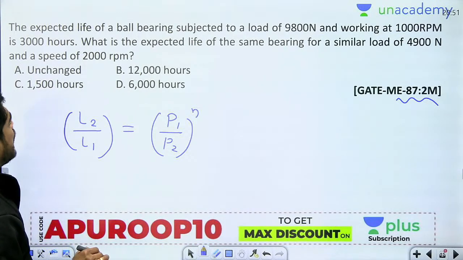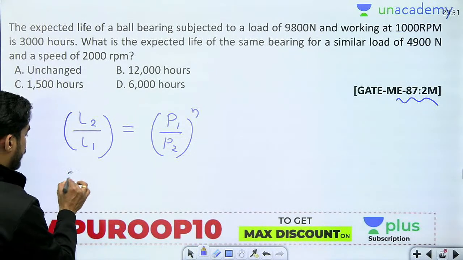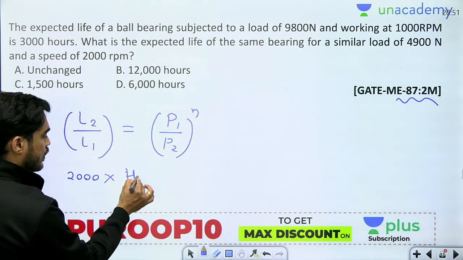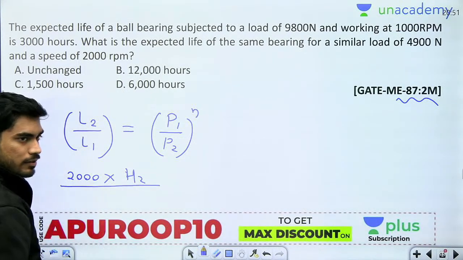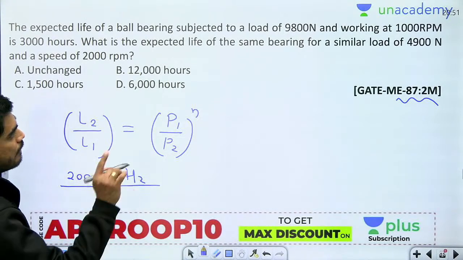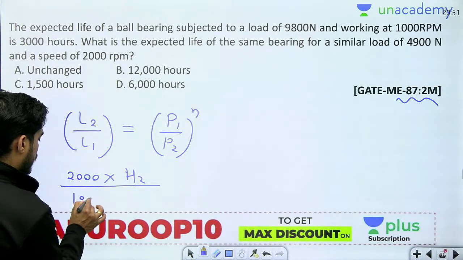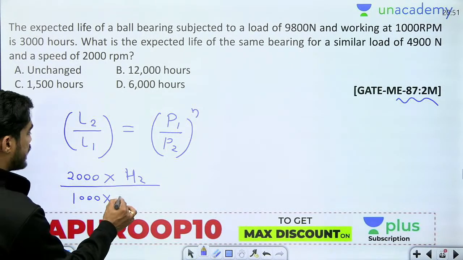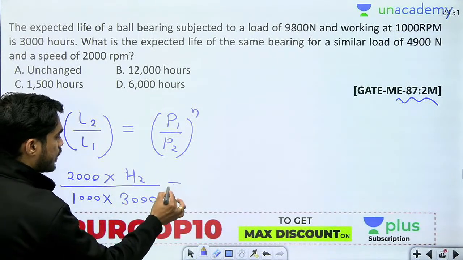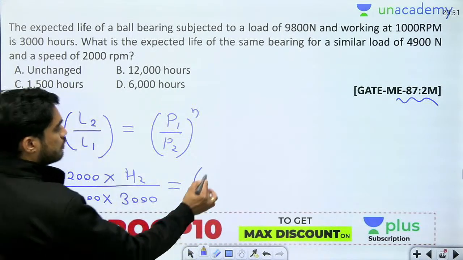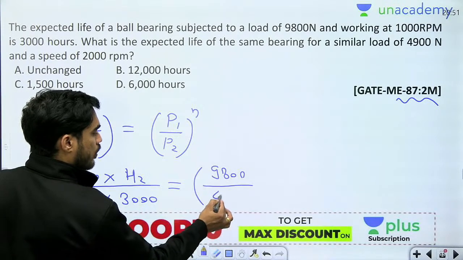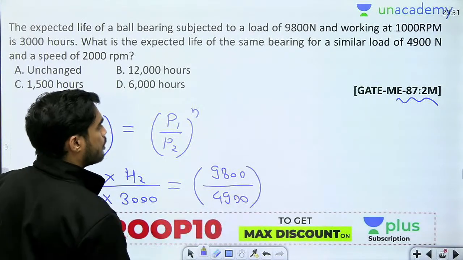So the second RPM is 2000. The second hours I do not know, so I will write it H2. Second RPM times H2. First RPM is 1000 and first hours is 3000, equal to first load 9800, second load 4900, whole to the power n.